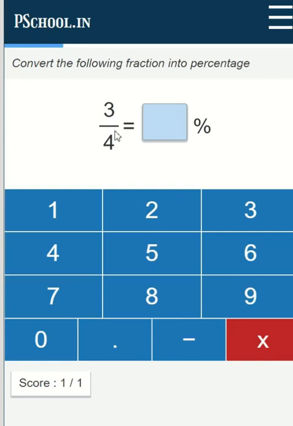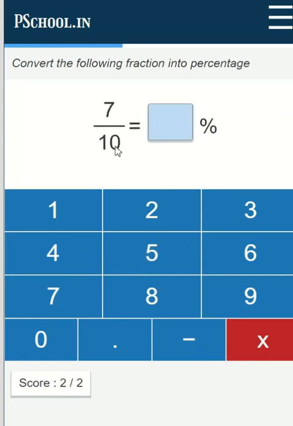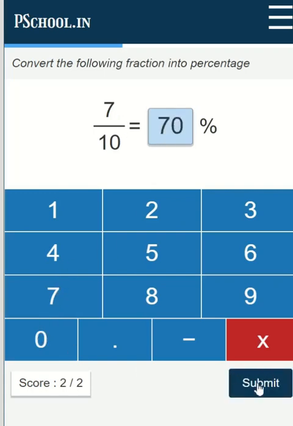3 by 4. The denominator can be made as 100 if you multiply both numerator and denominator by 25. So 3 into 25 we get 75. 7 by 10. So we can get the denominator as 100 if you multiply by 10.